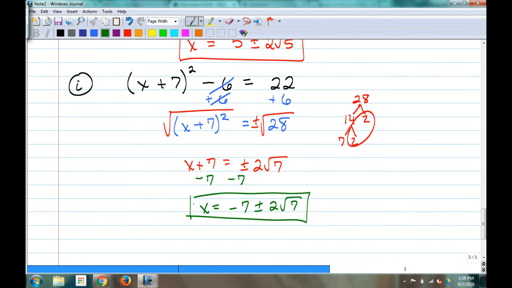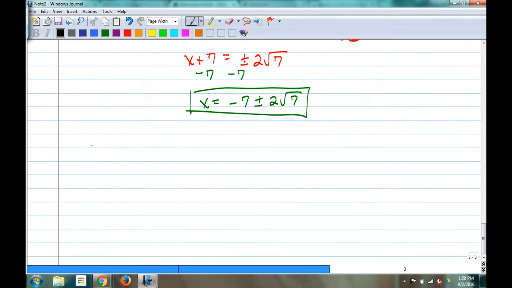So we're trying to get the squared part by itself. Whatever we got to do to get that to happen, it's just like solving a regular equation. And then take your square roots to get your answers. Okay. Let's say we had one like this.